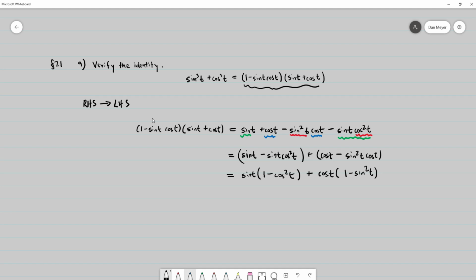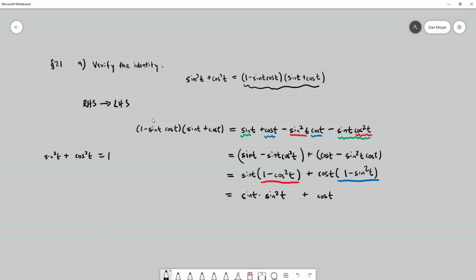And then I've got 2 expressions here. 1 minus cosine squared t and 1 minus sine squared t. All right, we can do something with those. Remember, we have this Pythagorean identity. Usually it's sine squared plus cosine squared is equal to 1. And so we can rearrange this to say the 1 minus cosine squared t is sine squared t.